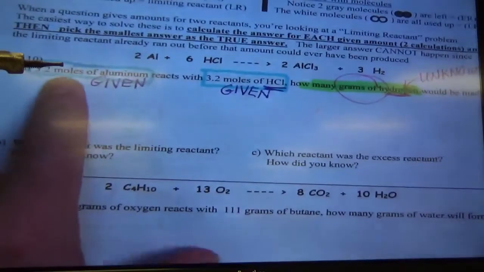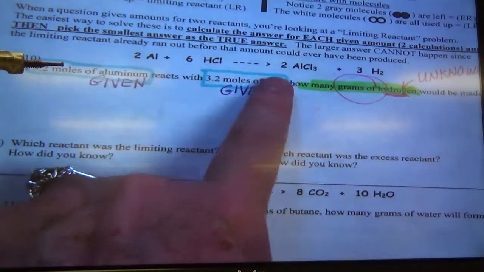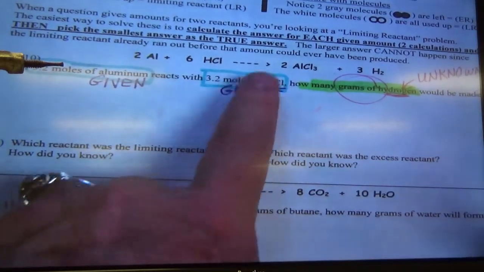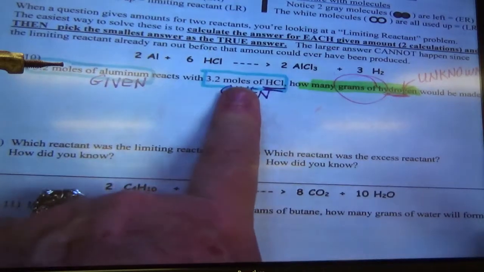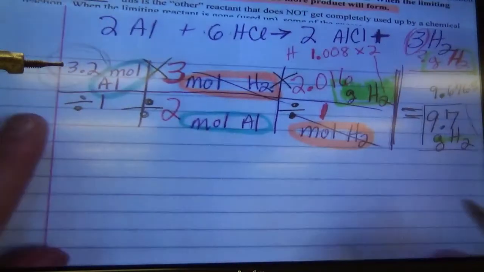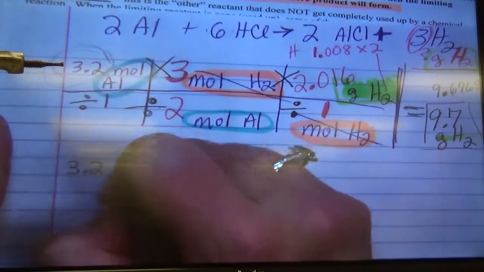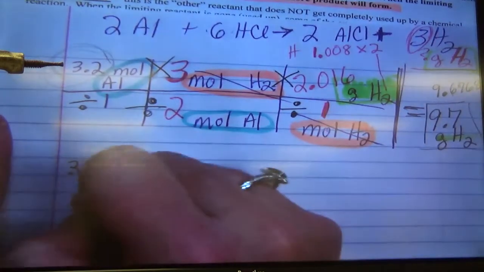We have 3.2 moles of aluminum, and we have 3.2 moles of HCl. So now I'm going to do the work in a second calculation with 3.2 moles of HCl. And the work is going to be very similar, and I think you'll like it. 3.2 moles of HCl.